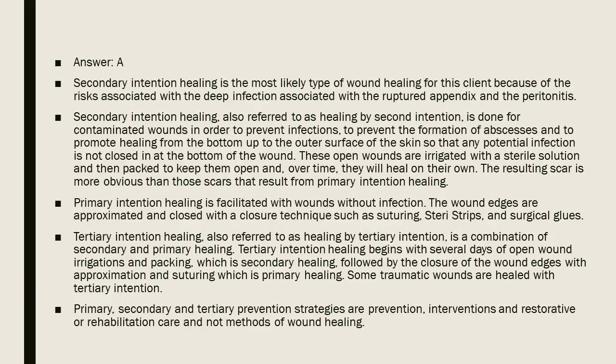Tertiary intention healing begins with several days of open wound irrigations and packing, which is secondary healing, followed by the closure of the wound edges with approximation and suturing, which is primary healing. Some traumatic wounds are healed with tertiary intention. Primary, secondary and tertiary prevention strategies are prevention, interventions and restorative or rehabilitation care and not methods of wound healing.